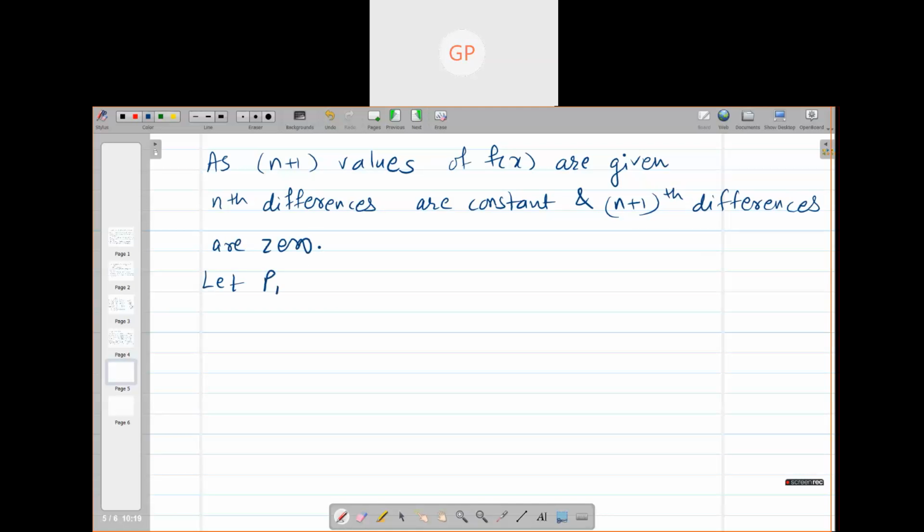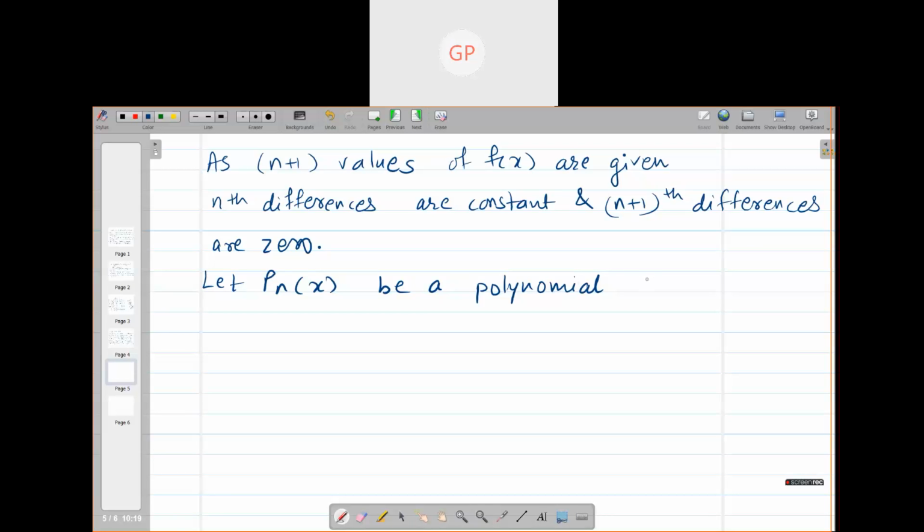Let P and X be a polynomial. Ma'am, that n plus 1 difference will be constant, no? No. Try to recall. Because see, you start from x0, na? x0, x1, x2, x3, x4.